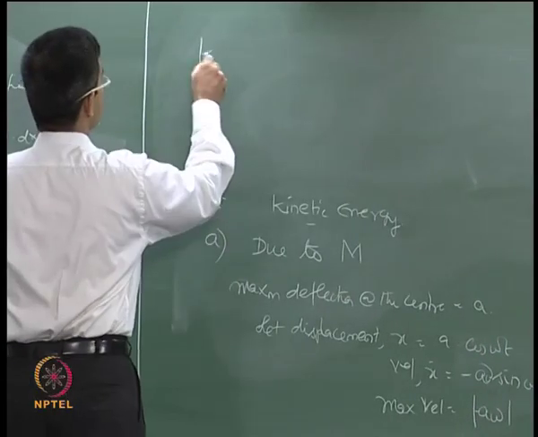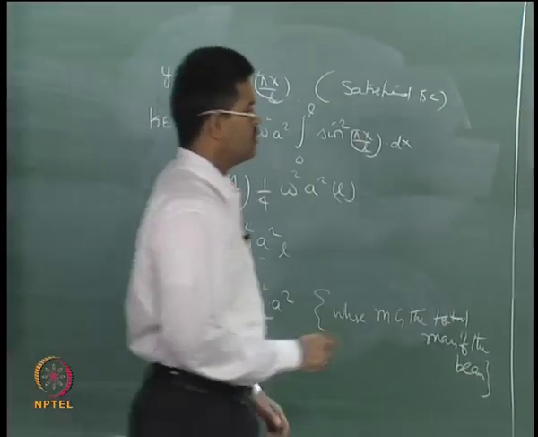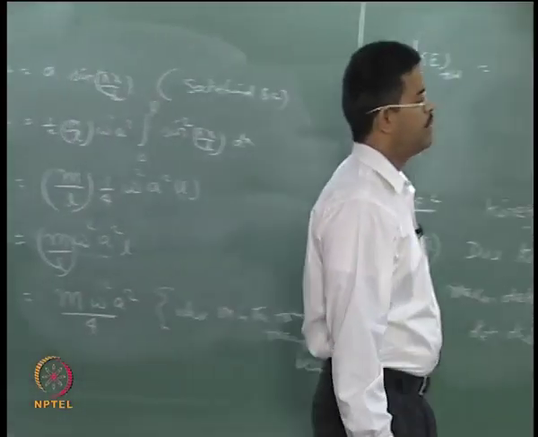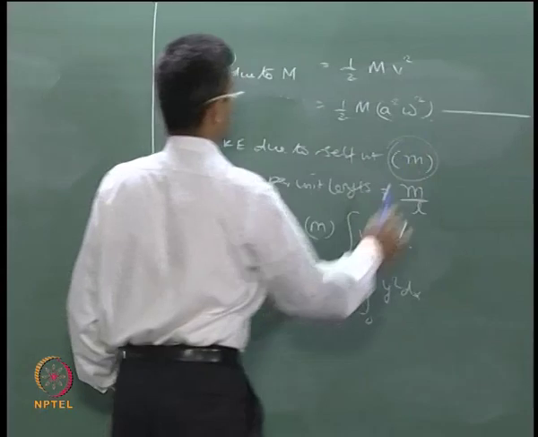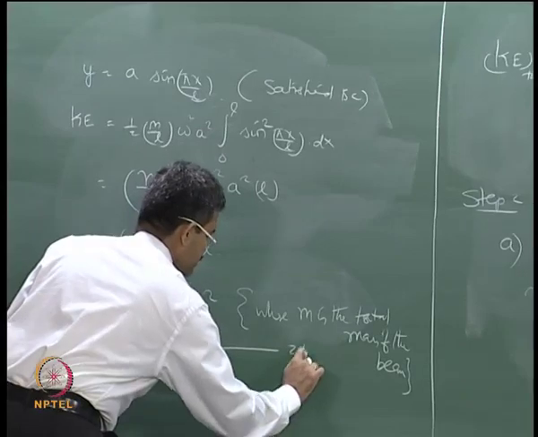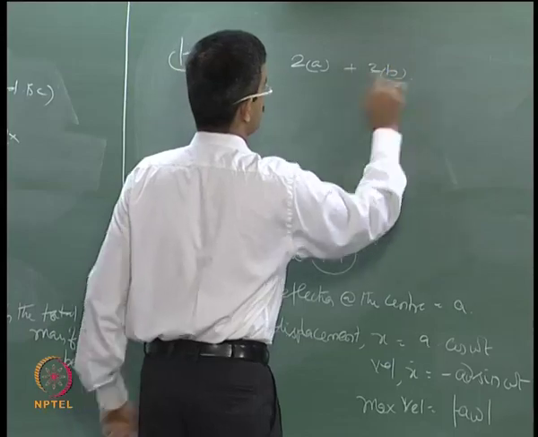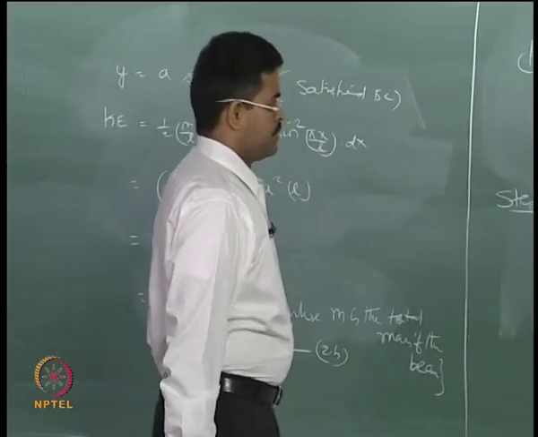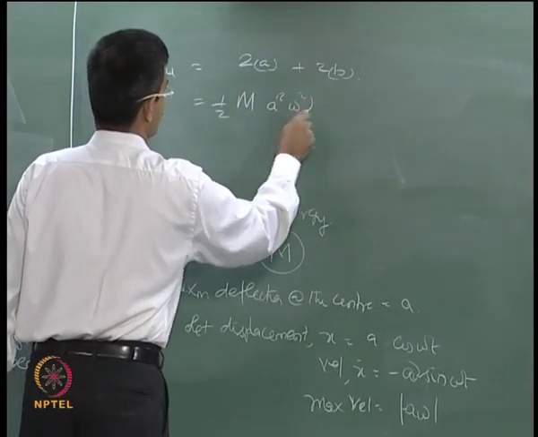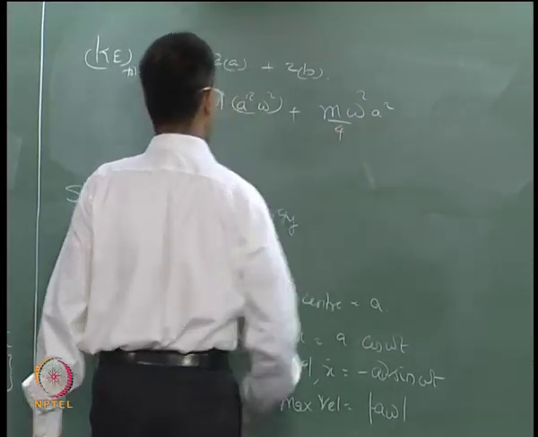So, the total kinetic energy now will be the sum of that due to the point load M and due to the self weight m. So, it should be 2a plus 2b, I will call this as 2b. So, let us say 2a plus 2b. So, half capital M A square omega square plus m omega square A square by 4.